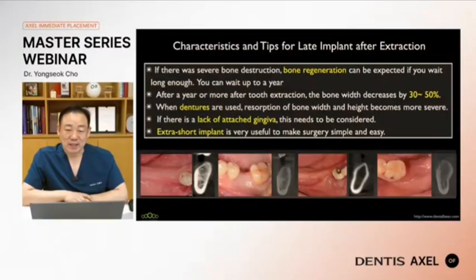When patients wear dentures, it resorbs bone width and height more severely. If there is a lack of attached gingiva, this needs to be considered in late implant placement. An extra short implant is very useful to make surgery simple and easy.